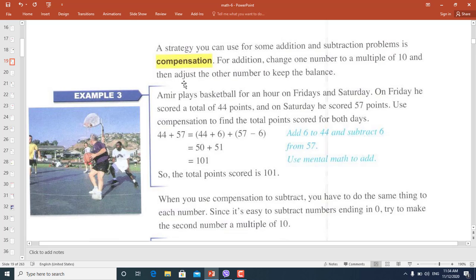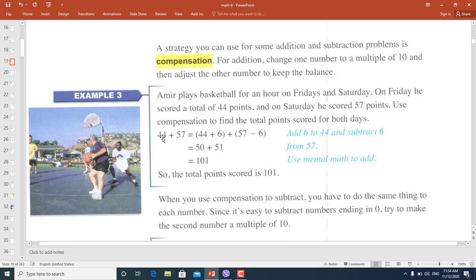We have another property, compensation. When you have two numbers to add together, for example 44 plus 57, we make one of them a multiple of 10. For example, we can make 44 into 50, or 57 into 60. Let us change 44 to 50.